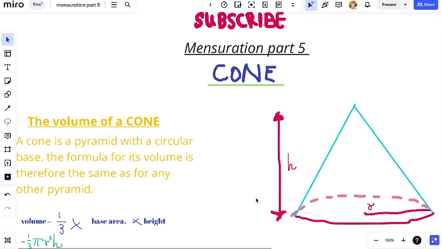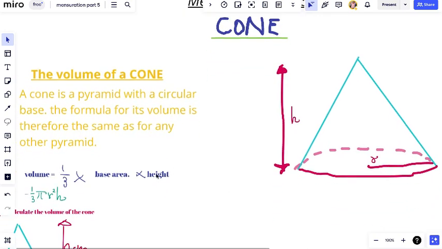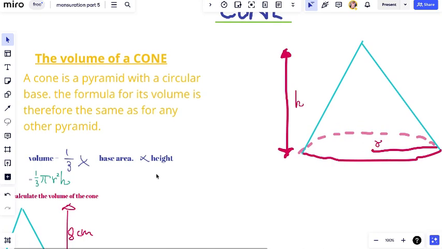Now the formula for its volume is therefore the same as for any other pyramid. Remember we said the volume of a pyramid is 1/3 times the base area times the height. In this case, the base is a circle, so we put the area of a circle as the area of our base, which is pi r squared.